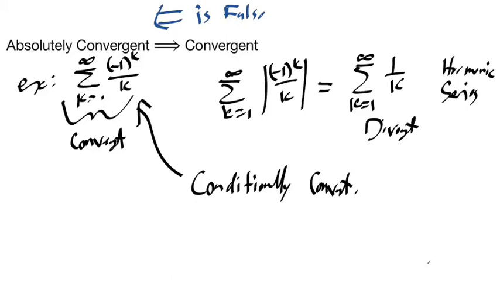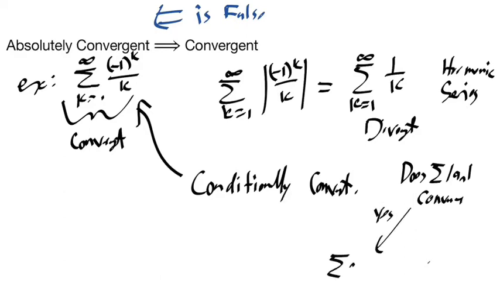So in other words, as you're checking things out, you can follow kind of the following flow chart. You can ask, does the sum of the absolute value of a of n converge? If the answer is yes, then you know that the sum of a of n converges. If the answer is no, then you're not sure.